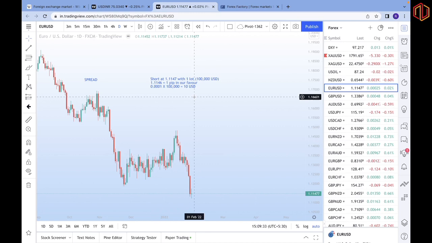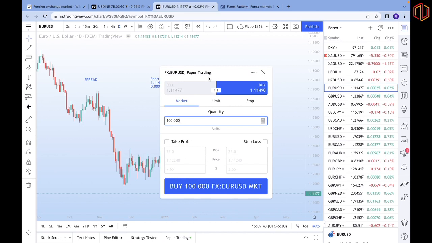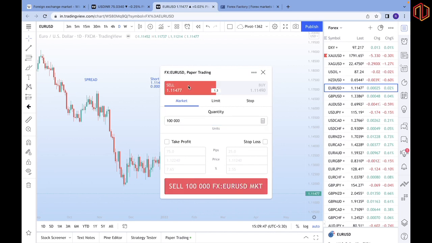So let's understand this a little better. We go back here. You can see here the quantity says 100,000, right? So if we sell this at 100,000, and if we put a target of 1.1146, this means we are going to be making a profit of $10.